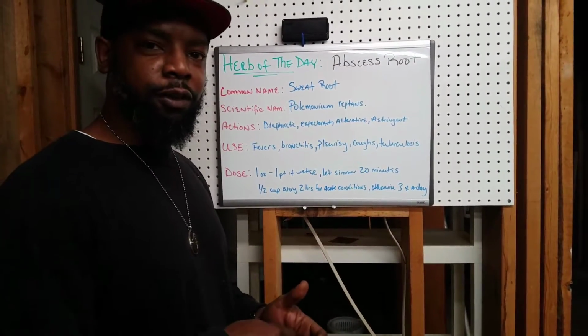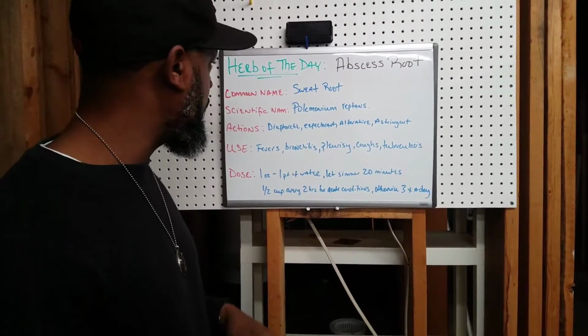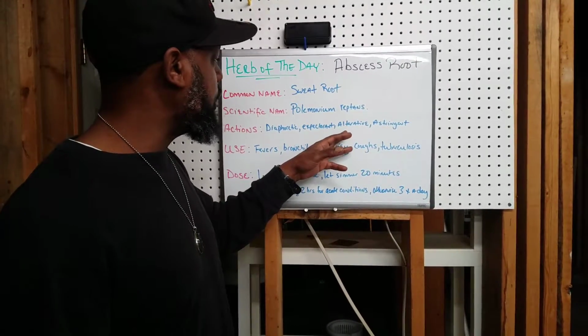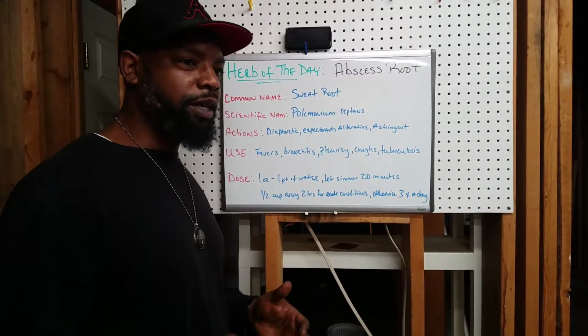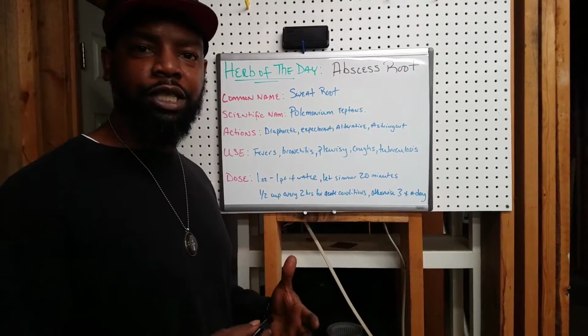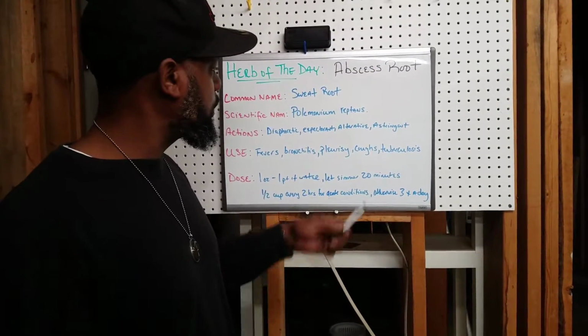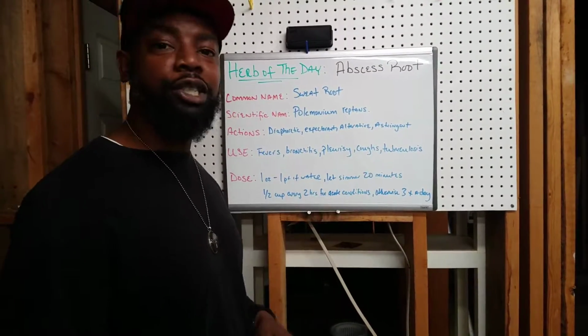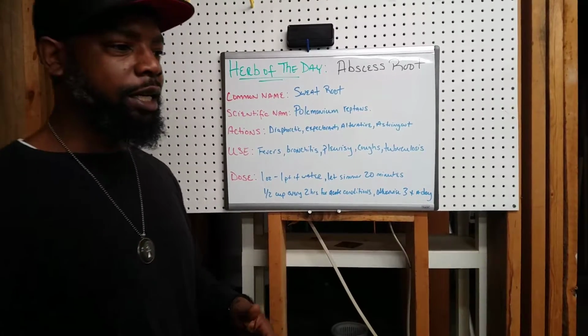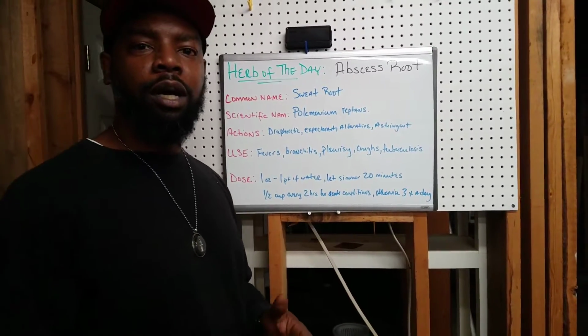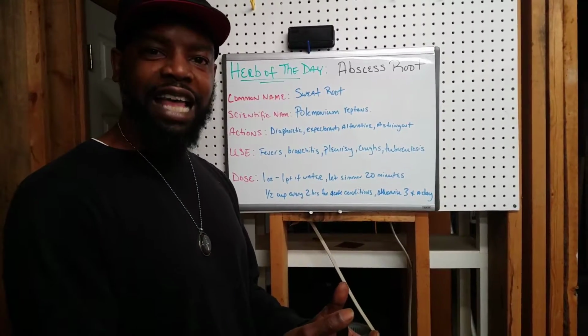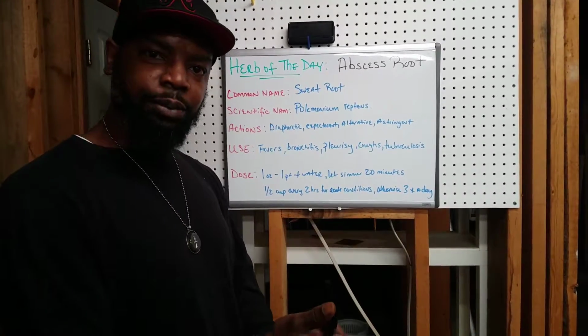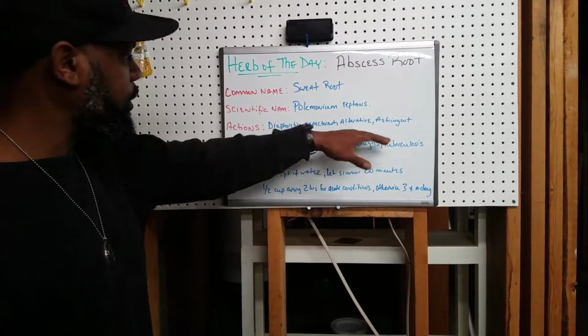So this is very good for any kind of respiratory issues. It is also an alterative. Alterative is something to do with inflammation and things of that nature. So it's good for that. And it's also an astringent. An astringent is something that is good for reducing something in size, constricting something. So it's good for that.